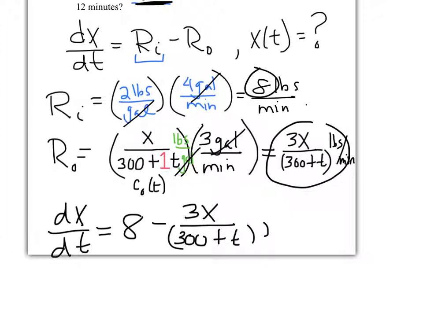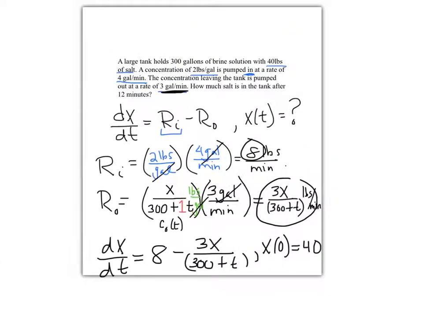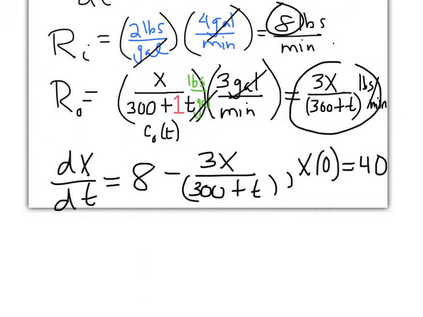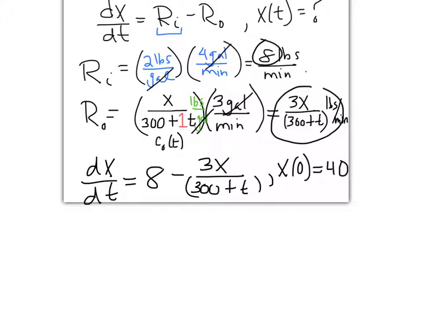We also know from the problem that x of 0 is 40, because at t equals 0 there are 40 pounds of salt in the tank. That's our initial value. And that's pretty much it. The challenge is to construct the differential equation.